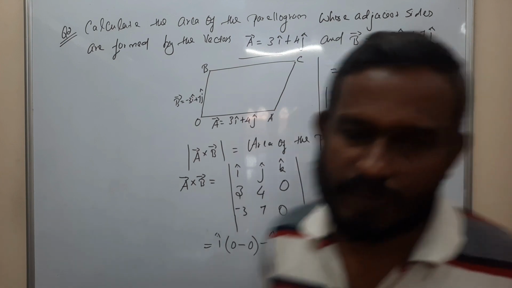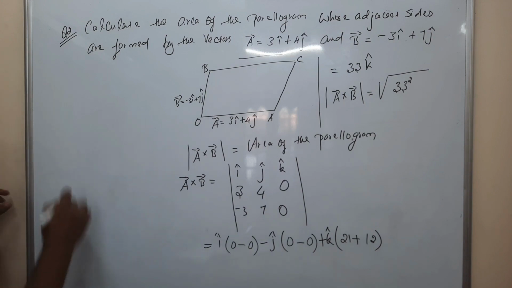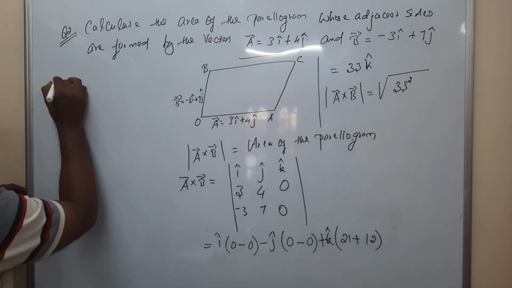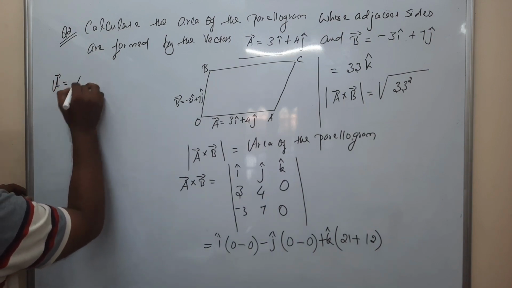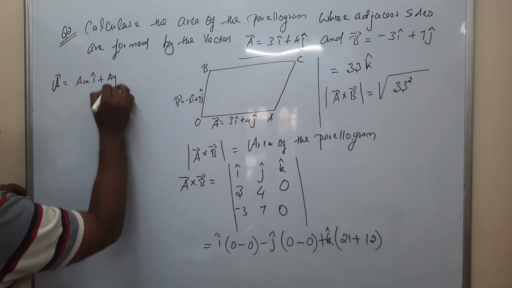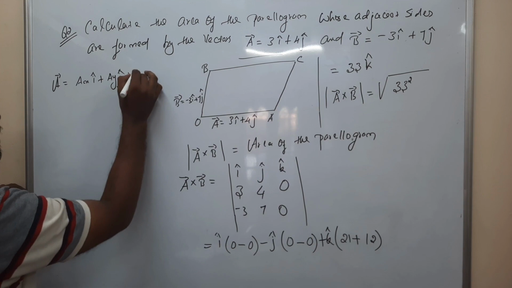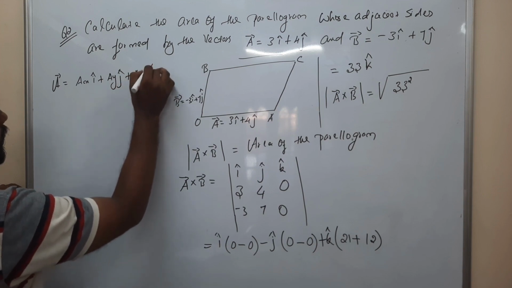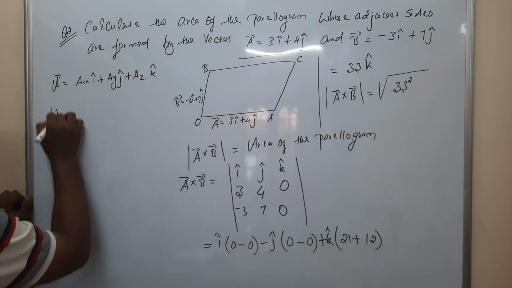If the vector is given like this, A vector is equal to AX I cap plus AY J cap plus AZ K cap, what is the modulus of A vector?